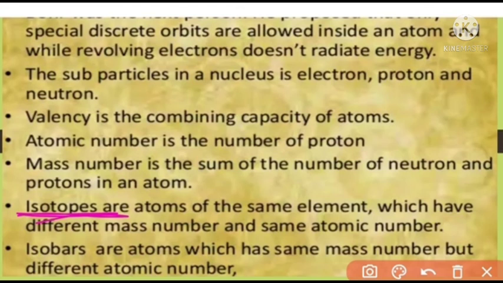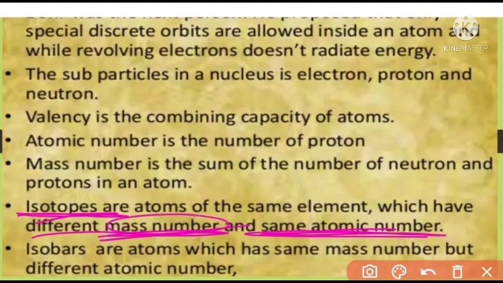Isotopes are atoms of the same element which have different mass number but the same atomic number. A value different, Z value same. This is called isotope.